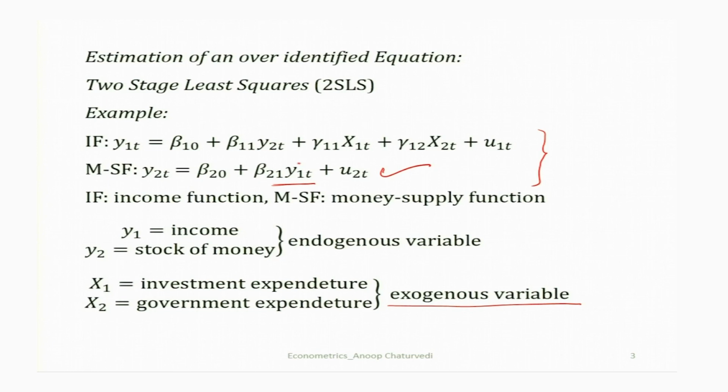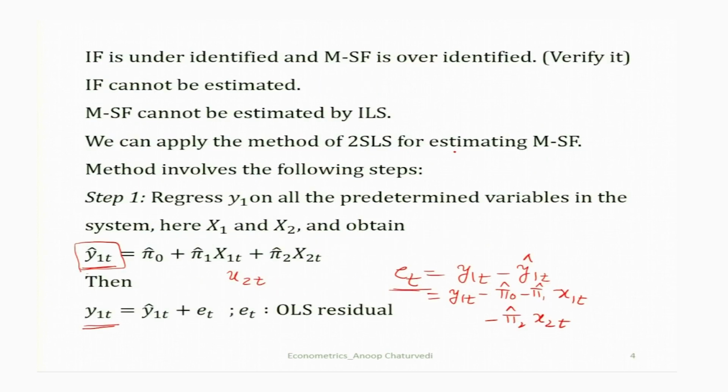Then you run regression between y 1 t and all the predetermined variables, that is y 1 t and x 1 t, x 2 t. And then we find the predicted value of y 1 t.